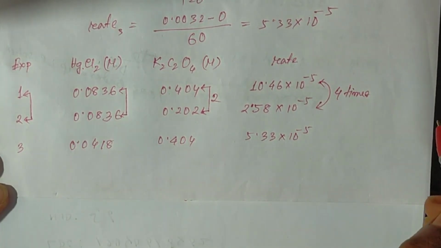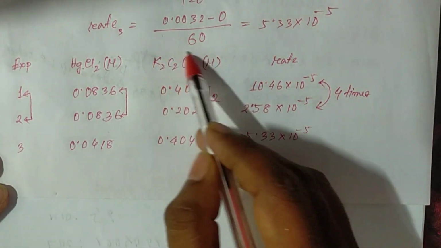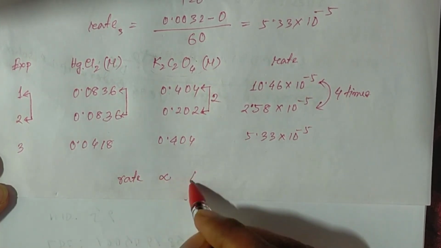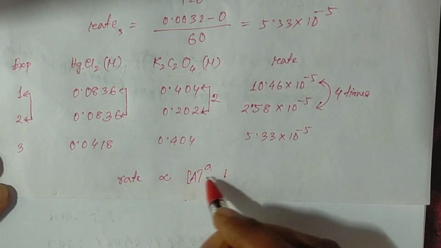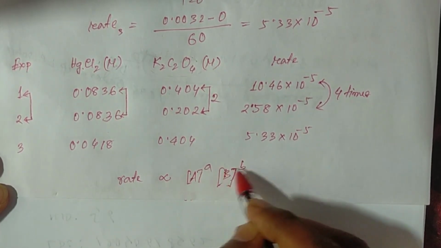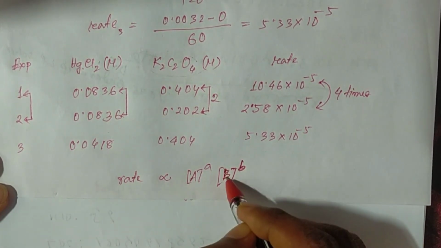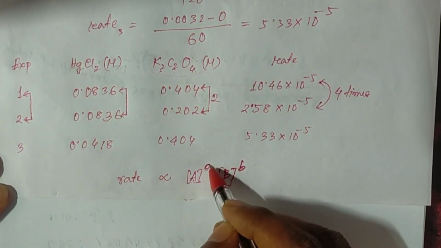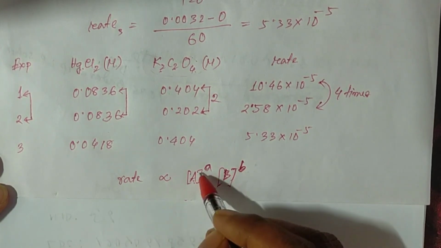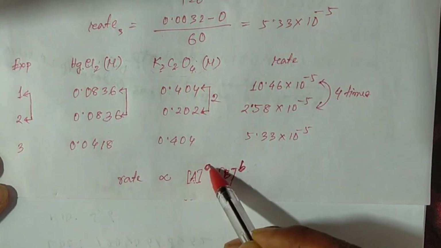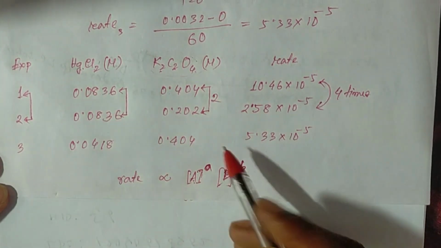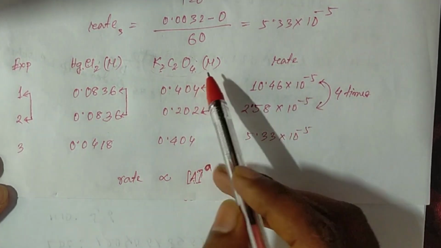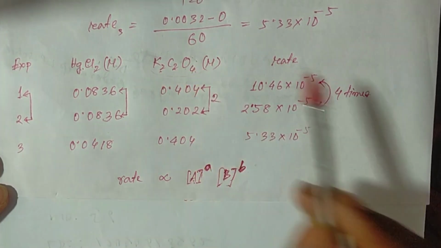Suppose rate is proportional to A and B, where A indicates HgCl2 and B indicates K2C2O4. The powers a and b give the order with respect to HgCl2 and K2C2O4 respectively.